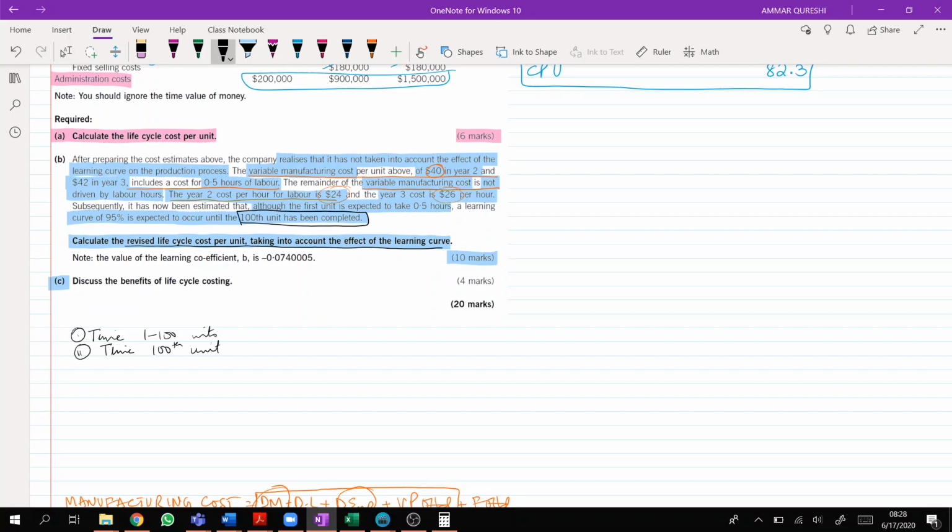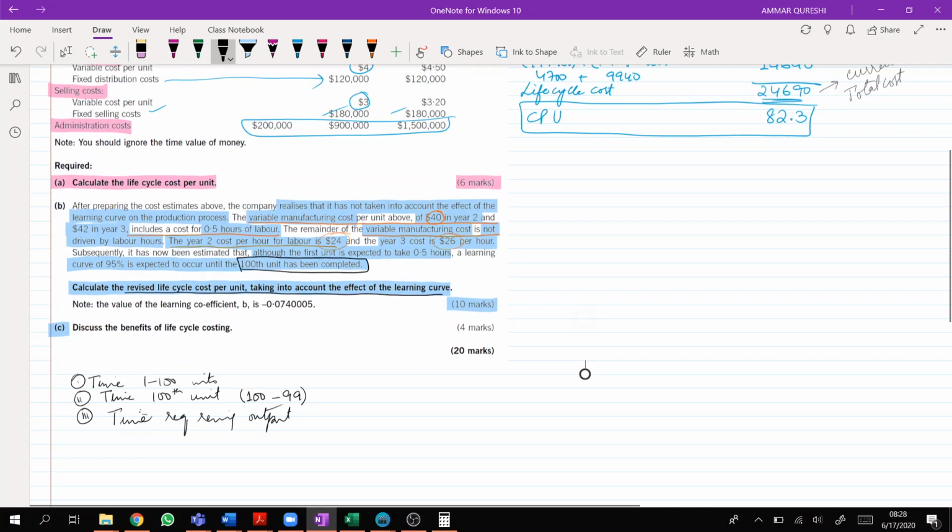And how do we calculate the time required for the 100th unit? We calculate it by taking the difference between the total time of 100 units and the total time of 99 units. And in the third step, we will calculate the time required for the remaining output.